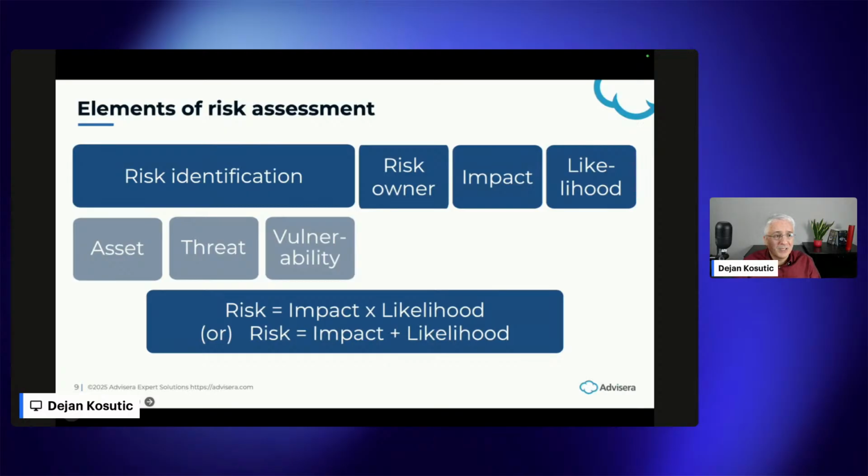You can also determine, for impact and likelihood, that you are using scales high, medium, and low, or that you're using scales from 1 to 10. All of these things are determined in the methodology. So basically, the methodology means that you are playing around with these elements that you see in this slide and adapting them to the real needs of your company.